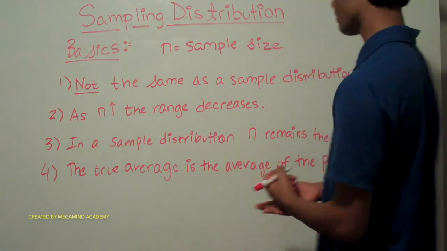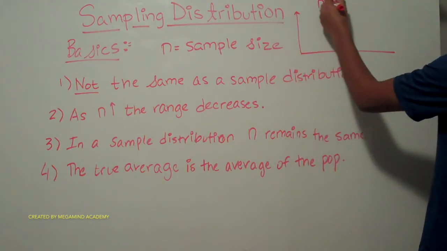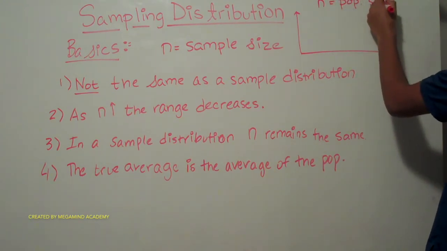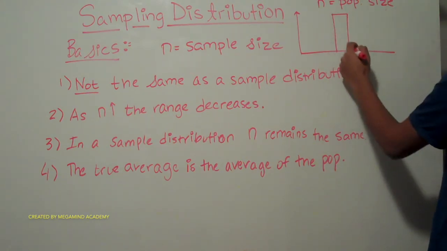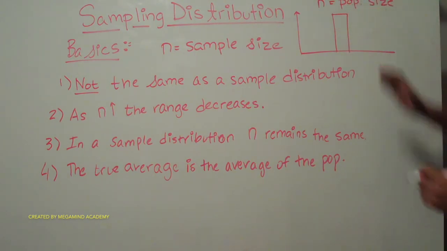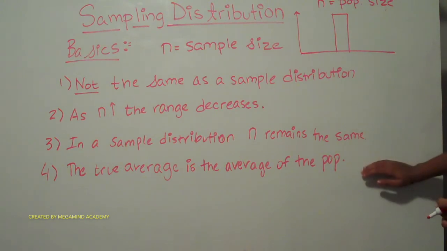So if n is equal to population size, you would just get this bar of one value. And let's see how this plays in with our other rules too.